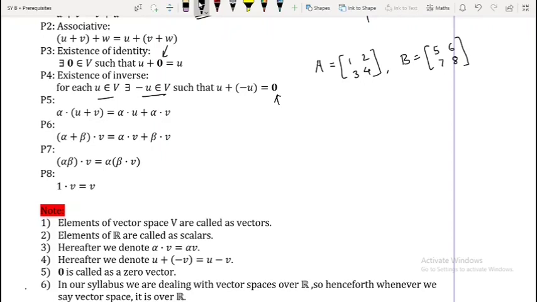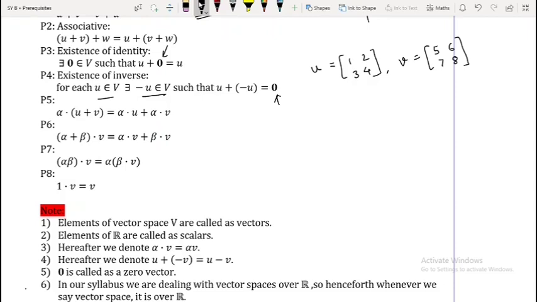Now I will call this u so that you will understand it better. Notation doesn't matter actually. And this is our v, because these are elements of V, right? So elements of V are denoted by u, v.